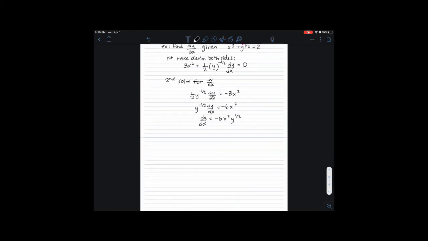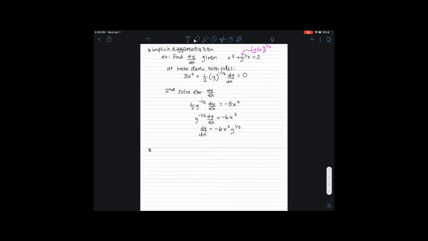For example, the derivative of the natural log. So let's do a natural log involving a chain rule just for practice. The derivative of the natural log of x is just 1 over x.